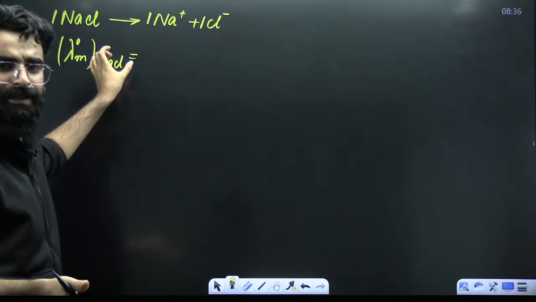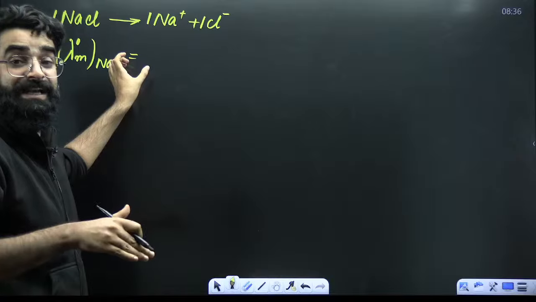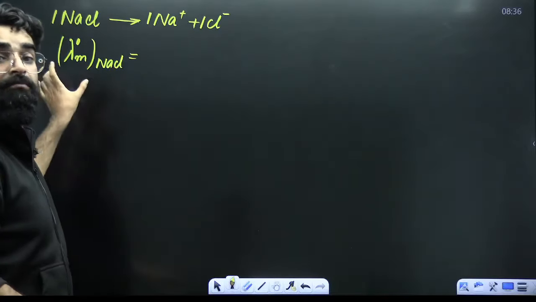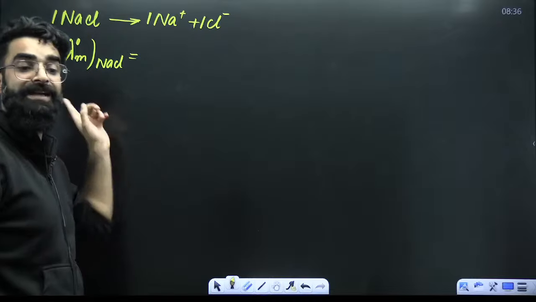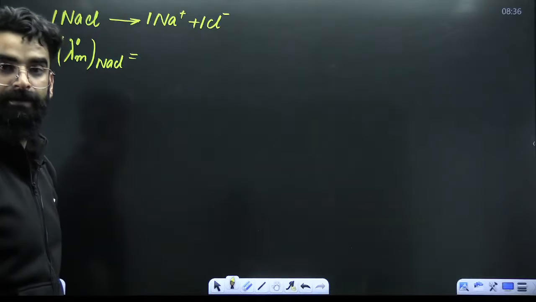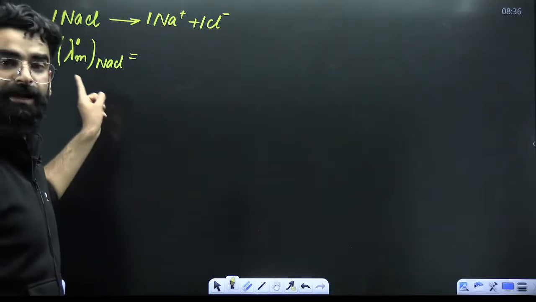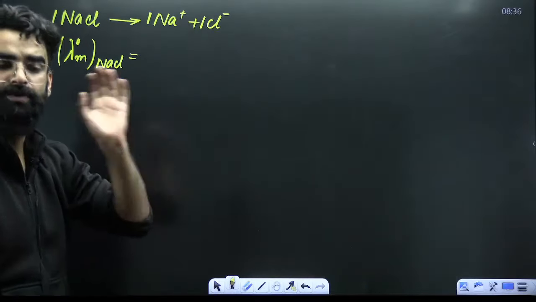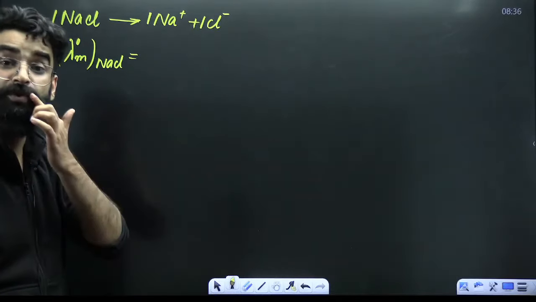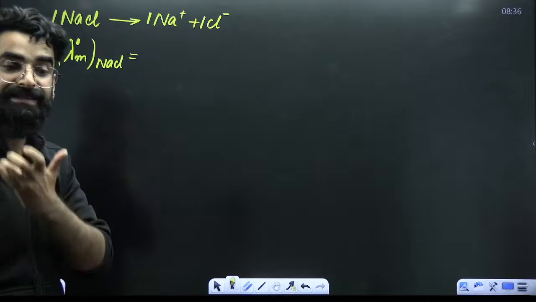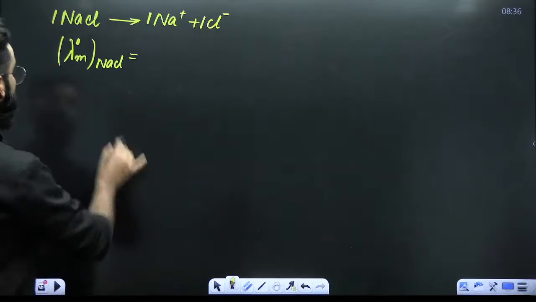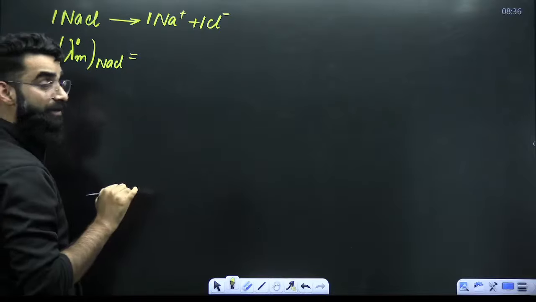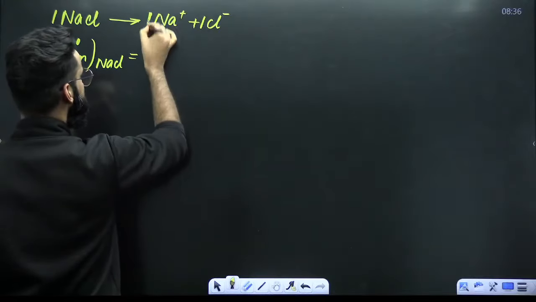So it is the ions basically which contribute towards the molar conductivity of the electrolyte at infinite dilution. So the molar conductivity of the electrolyte at infinite dilution, as per Kohlrausch's law, is the sum of those contributions which are made by the ions. What does it mean? Have a look. Molar conductivity of NaCl at infinite dilution. See, how do you write it as per Kohlrausch's law? The stoichiometric coefficient here is 1.